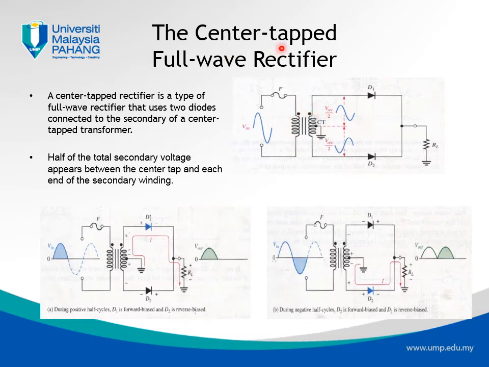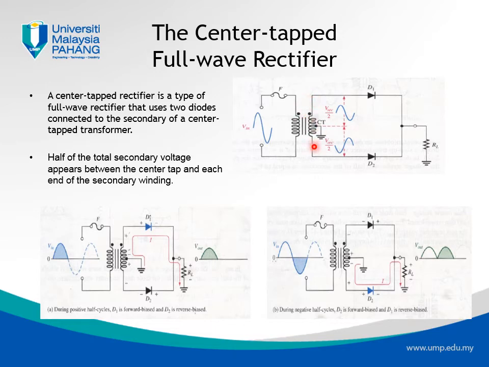The center tap rectifier means that basically we are tapping the voltage at the center of the secondary coils. So we'll not explain the first part, the first circuit of the input is just a coil of primary and the input voltage. But now what's interesting is on the secondary part of the transformers.